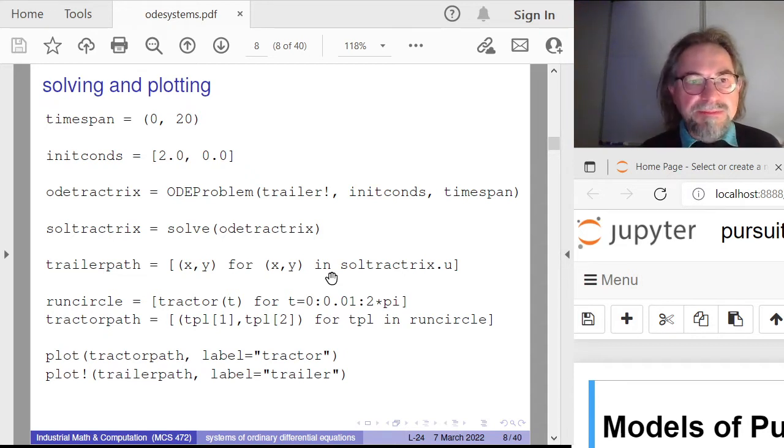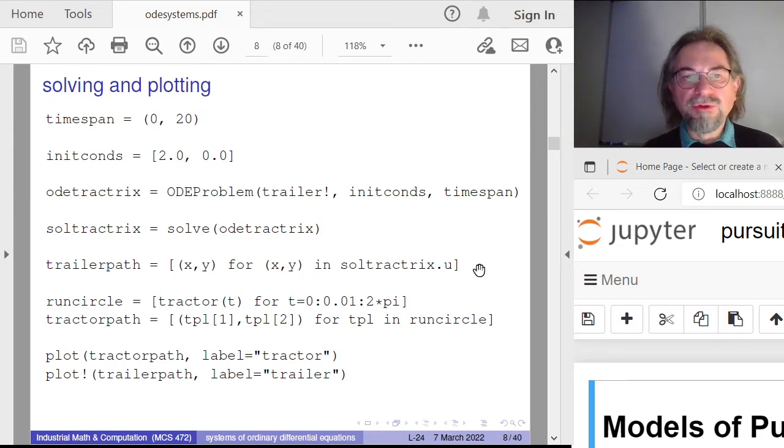The time span and the initial conditions are used then to define the ODE, the ordinary differential equation. We solve it, and then we extract the coordinates for the path of the trailer. So that's the trailer path here.